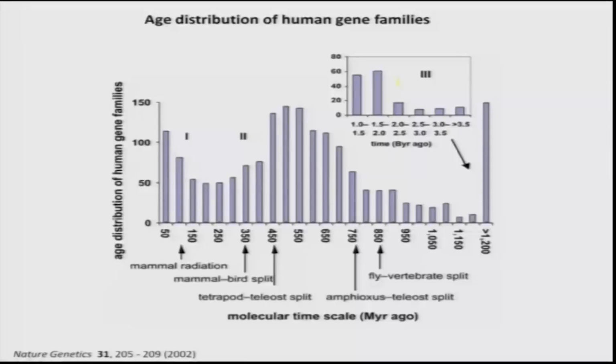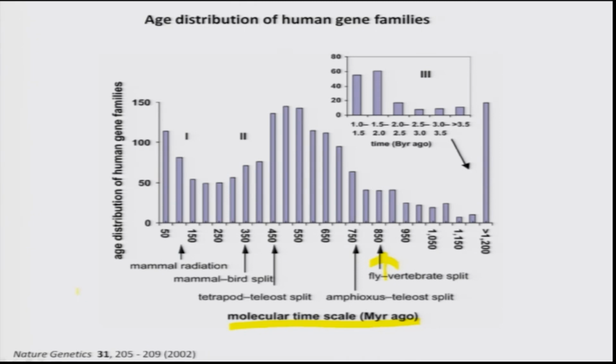The other plot that also comes from a paper is the age distribution of the human gene families; what we look into is when possibly the genes have evolved. So, you can see that this is a molecular time scale, in millions of years ago, and this again talks about how the genes evolved.